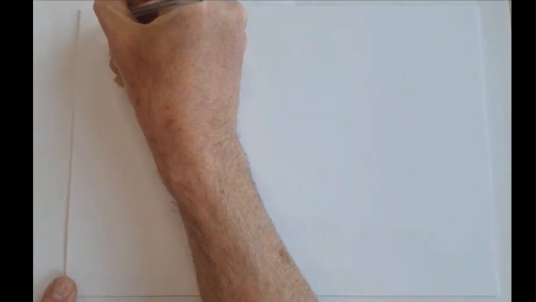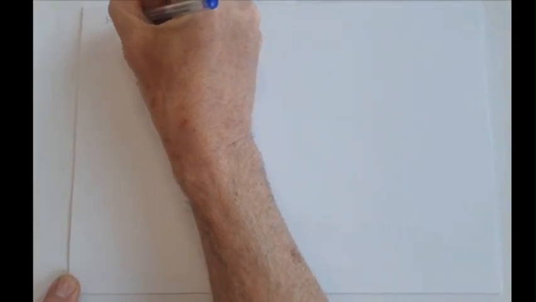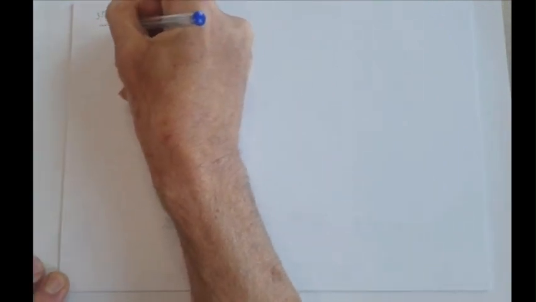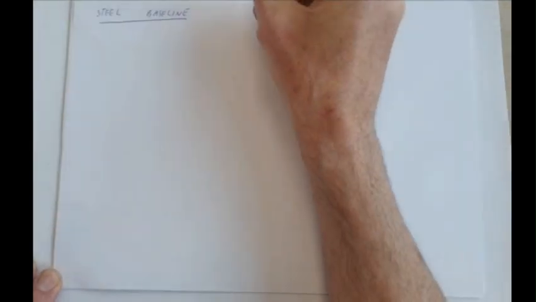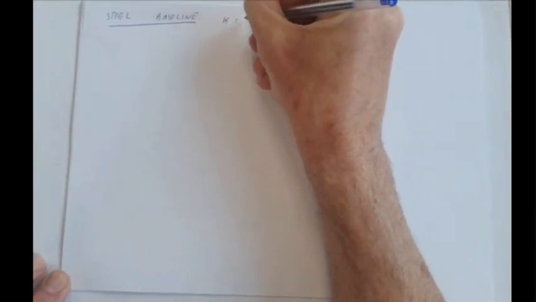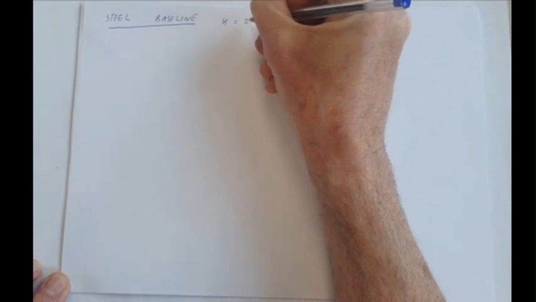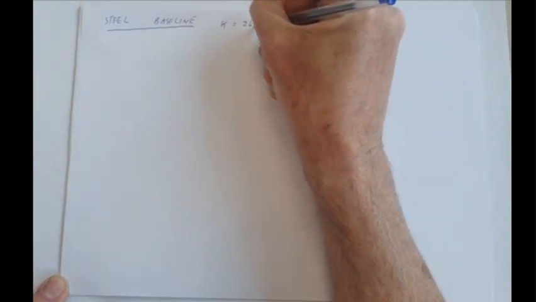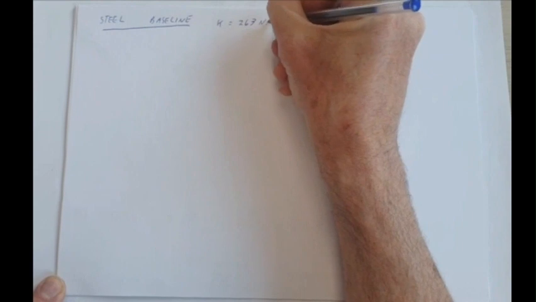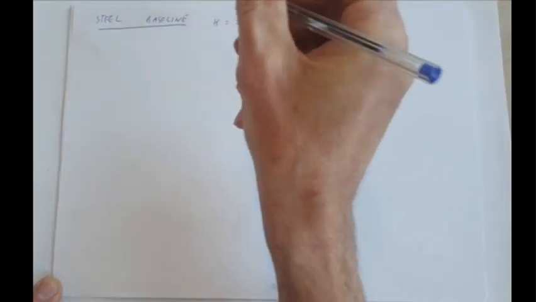Now, remember the baseline steel structure? What did we work out for that? So the stiffness was 263 newtons per millimeter.